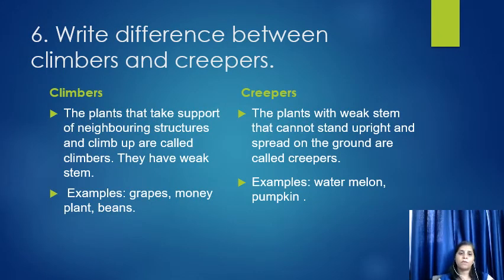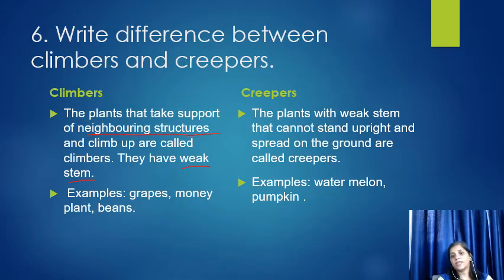Write difference between climbers and creepers. The plants that take support of a neighboring structure and climb up are called climbers. You have to remember this. They have a weak stem.